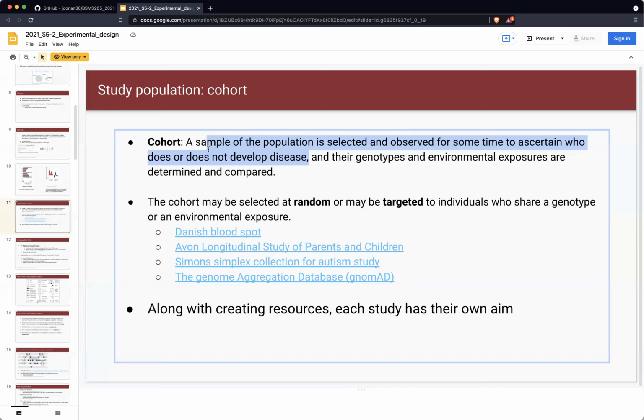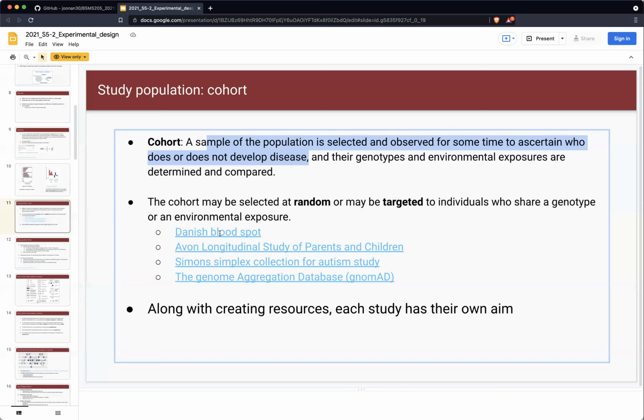If you look at some examples I put in here, like the Danish blood spot collection: this is a dataset that collected blood samples when babies were born in Denmark in 1990, and they stored that blood and tracked their health information over 20 years.